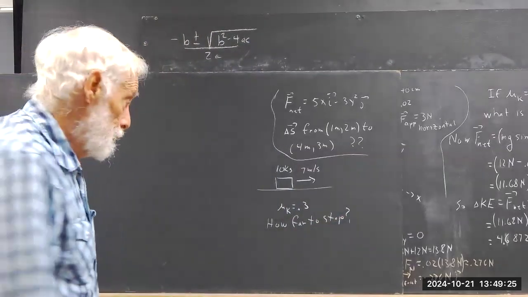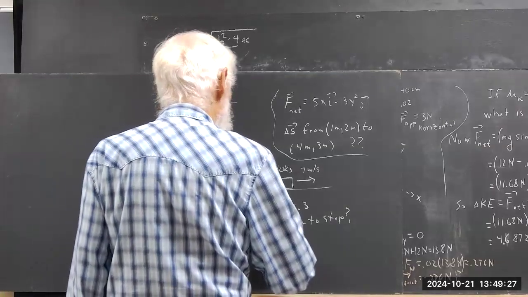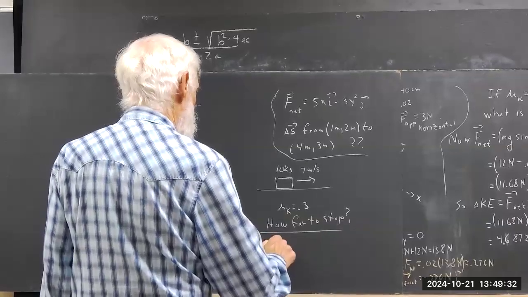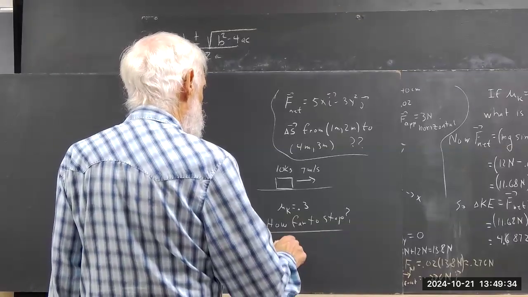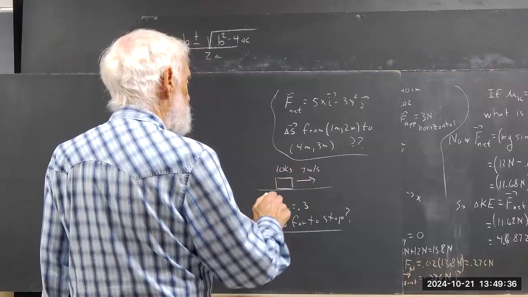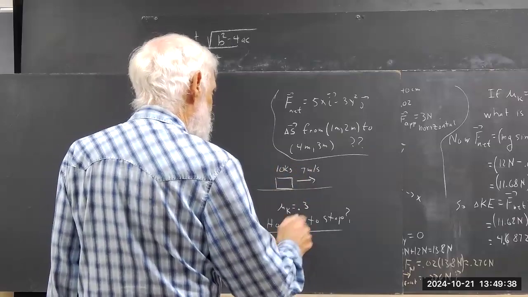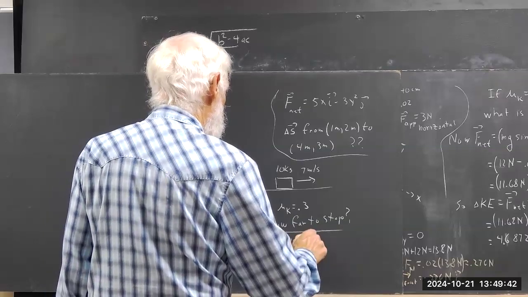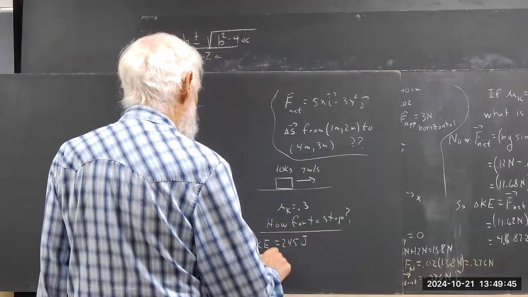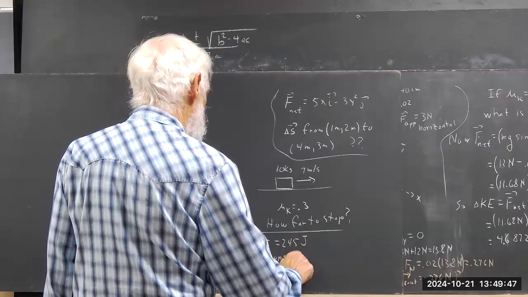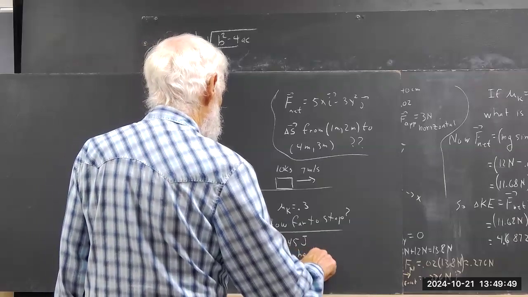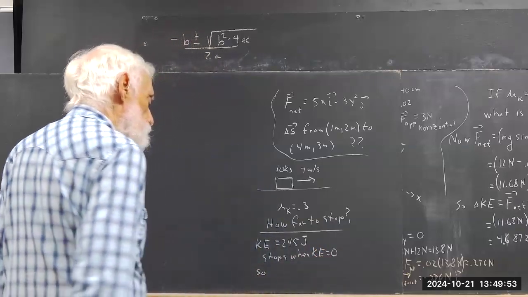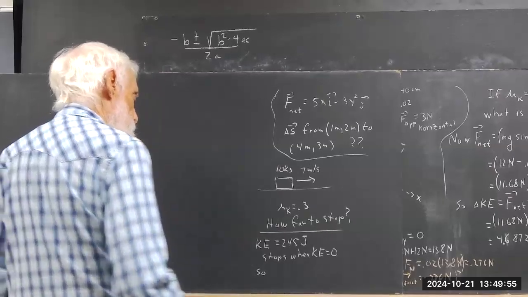Well, I'm not going to get anything out of it here because now we've only got 2 minutes. But kinetic energy is 1/2 mv squared. That means half of 490 joules, which is 245. Final kinetic energy equals 0.